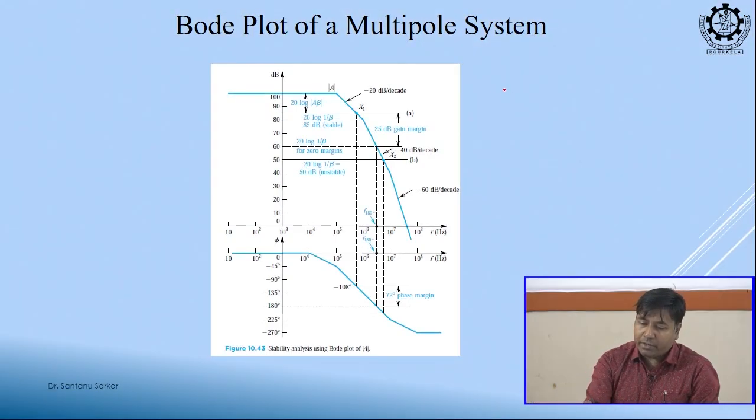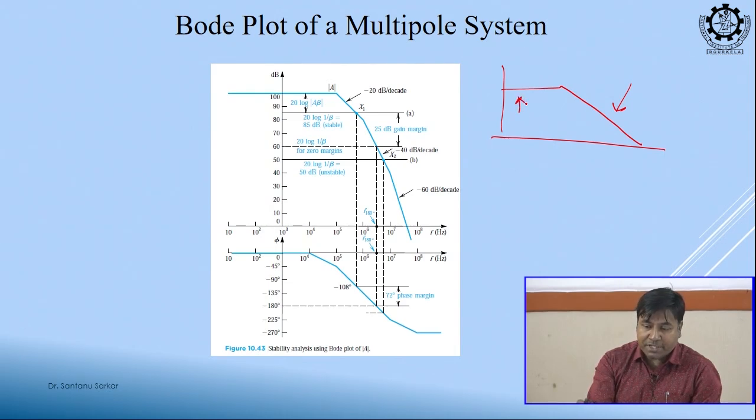Can you tell me what the slope of this is? It is falling, right. In filters we saw this response. What kind of filter response is this? Low pass filter: low frequencies pass, and at high frequency my gain is falling.